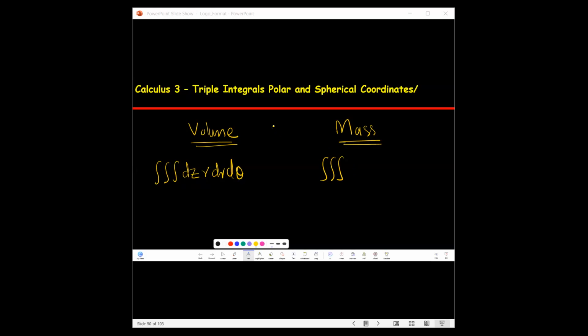And if you remember, I told you earlier, mass over volume. So if I gave you mass density, you're going to take this function and multiply by this. If I'm asking you to give me the mass, you're going to take this function and integrate with respect to V, or multiply by dV, and this rho is a density function.